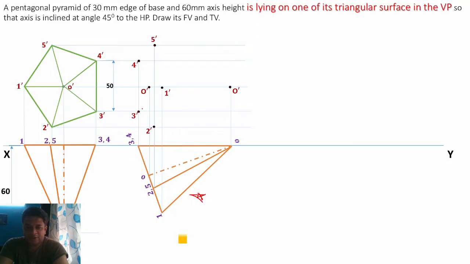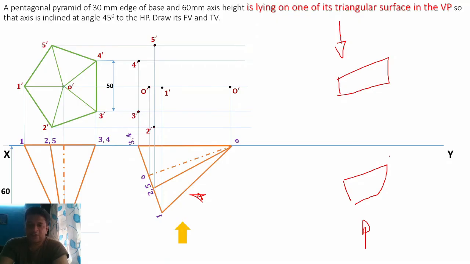Before that, we should know where the location of the observer is. If the object lies below the XY line, the observer will be located here if it is not mentioned. If the object is here, the observer will be located here. If they have mentioned the location of the observer, then as per that you have to take it. If they have not mentioned it, you should consider that when the object is below the XY line, the observer is below the XY line, observing in the upward direction.